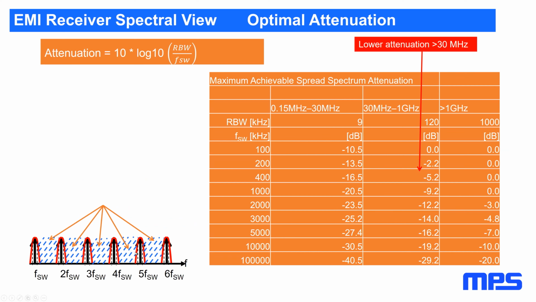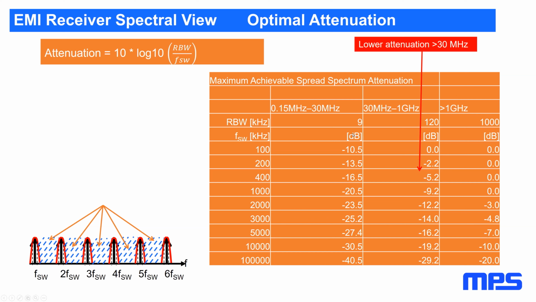If the receiver or resolution bandwidth is wider, you get less free area. So at 120 kilohertz receiver bandwidth, you only get 5.2 dB. So you clearly see that the wider the resolution bandwidth is, the less potential attenuation you get. And especially above 1 gigahertz, with a 1 megahertz wide receiver bandwidth, it is very difficult to get any attenuation at all.